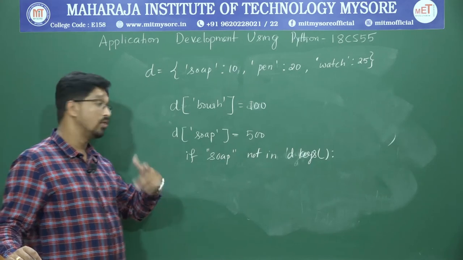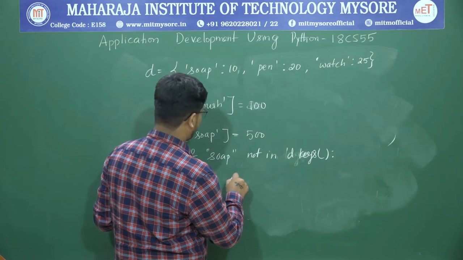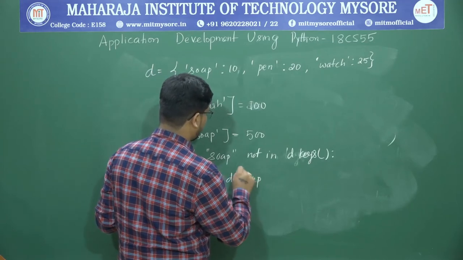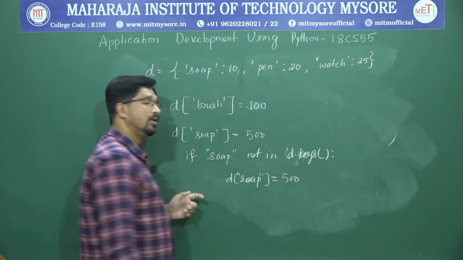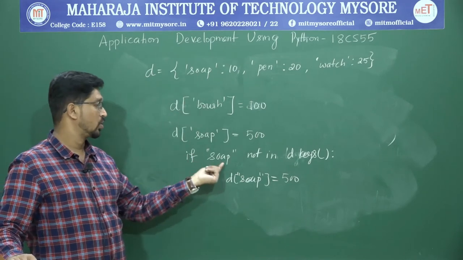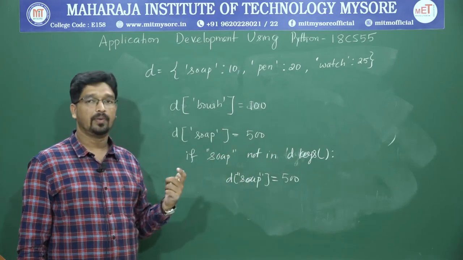Not existing in the keys, then only I should add the new item. So then I will say d['soap'] = 500. In this case, soap already exists. If soap not in d.keys() is false, then it will not get updated.